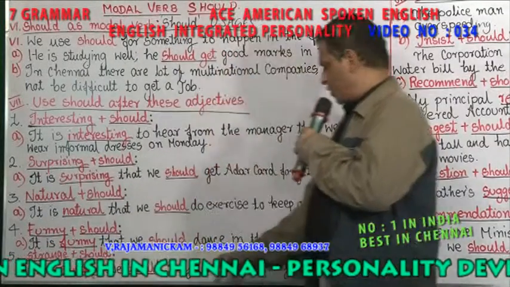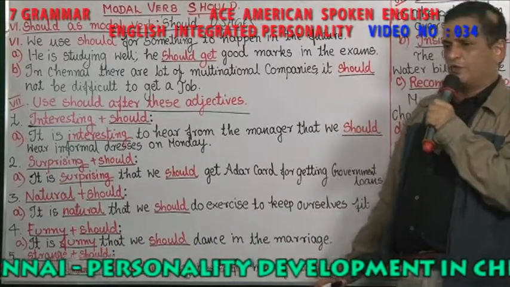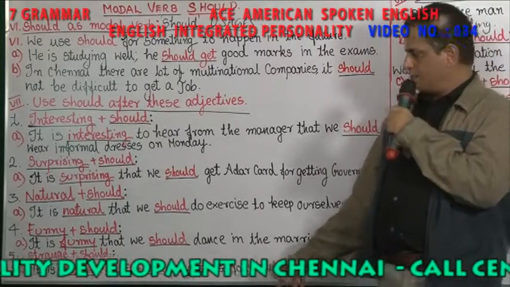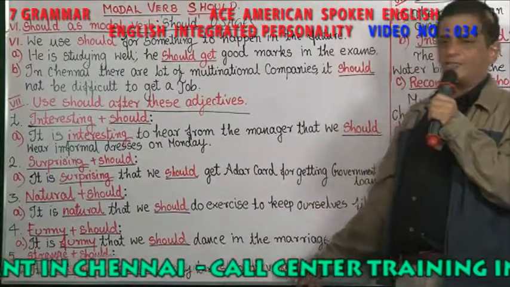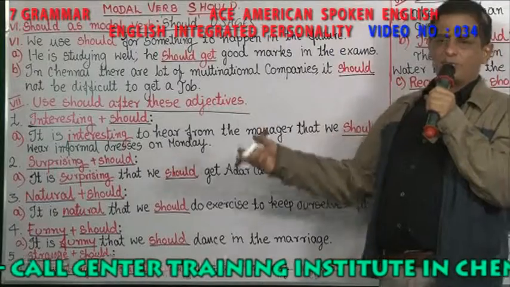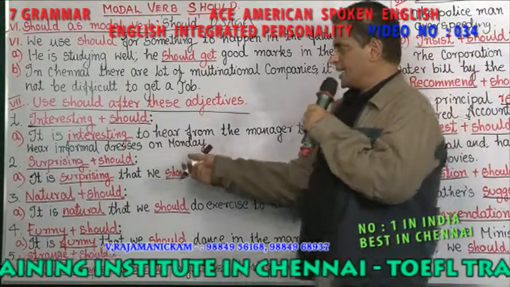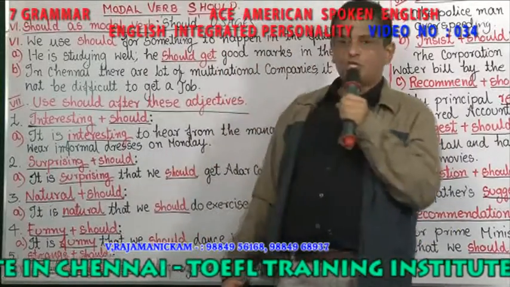It is strange we should pay taxes for having bicycles. See, two-wheelers, four-wheelers, motor vehicles, you pay taxes. But here, it is strange that we should pay taxes for a bicycle. So should is used when you expect something to happen from somebody, and with all these adjectives: interesting, surprising, natural, funny, and strange.